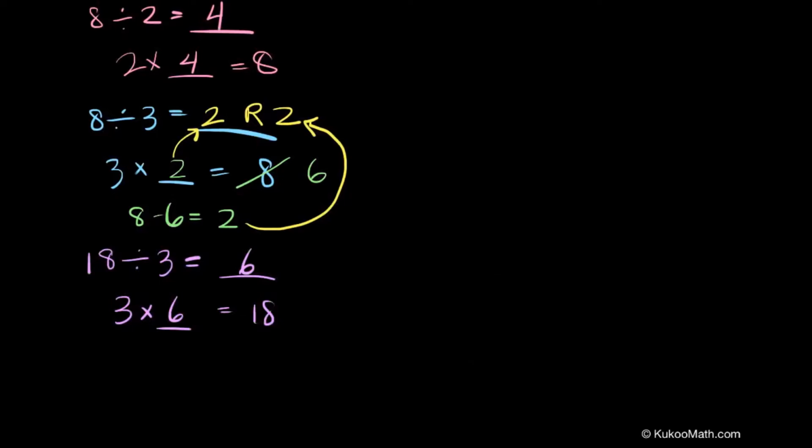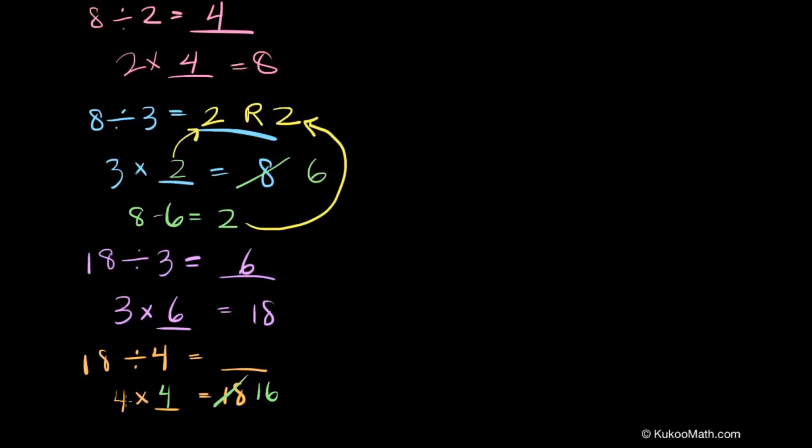Now let's try 18 divided by 4. The corresponding problem is 4 times blank is equal to 18. This doesn't work out perfectly, so we're going to try to get as close to 18 as we can without going over it. And the closest that we can get is 4 times 4, which equals 16.